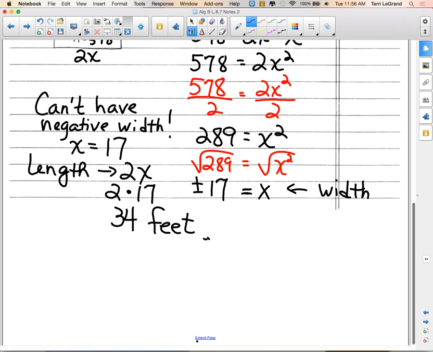Would you see a 17 times 34 on your calculators? First of all, it's 578. Then we're good. And then, I don't think your calculator can do this. When you take feet times feet, what do you get? Feet squared, also known as square feet. So the length of this rectangle is 34 feet.